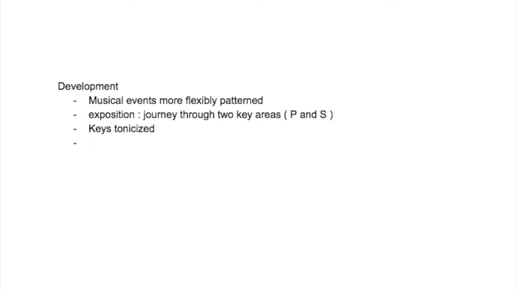Also, the thematic material that's used in the development section can be very different from one sonata to another. For example, in one sonata, it's possible that we see only the thematic material from the primary being brought back in the development, and in another sonata, it's possible that we see the material from primary as well as the material from secondary, and also material from the transition and closing.